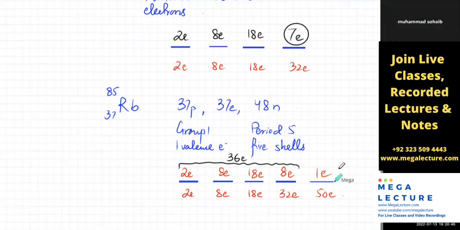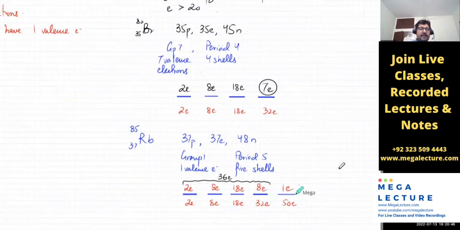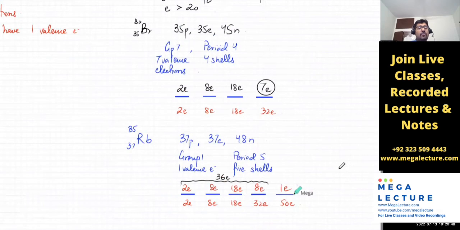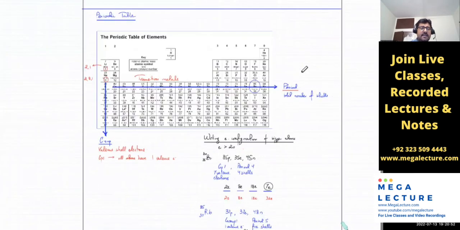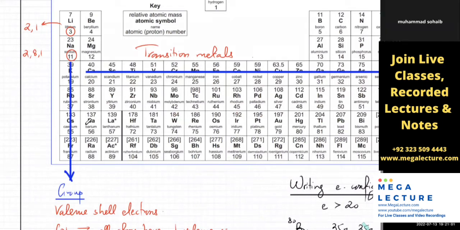Yes. Very few questions on bigger atoms, but remember they will ask you about bigger atoms off and on. And even if they don't ask you about the electronic configuration, remember this, that by just looking at the periodic table, you can tell the number of valence shell electrons that an atom has.